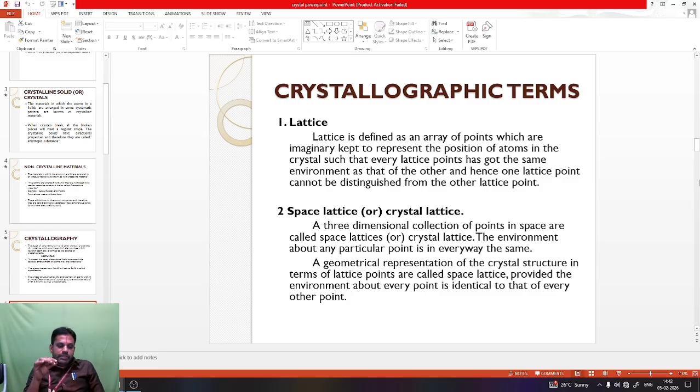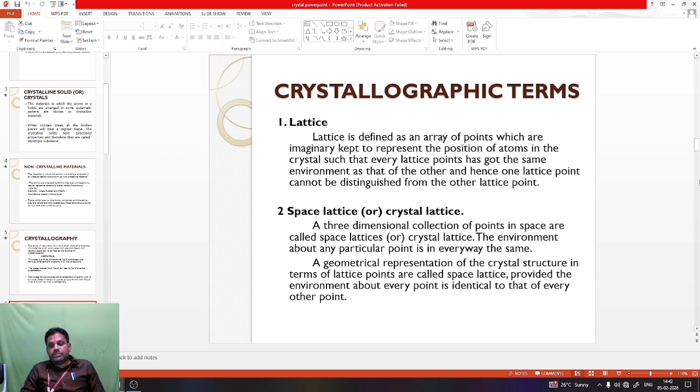The lattice points are imaginary points which are arranged equally spaced in all 3 directions. If you look at every point surrounding one lattice point, it has the same environment of atoms. That is called a lattice. These are all imaginary points which are used to represent the position of an atom.